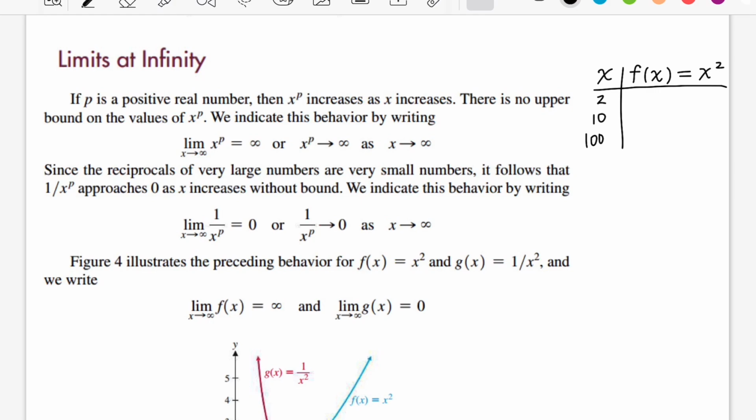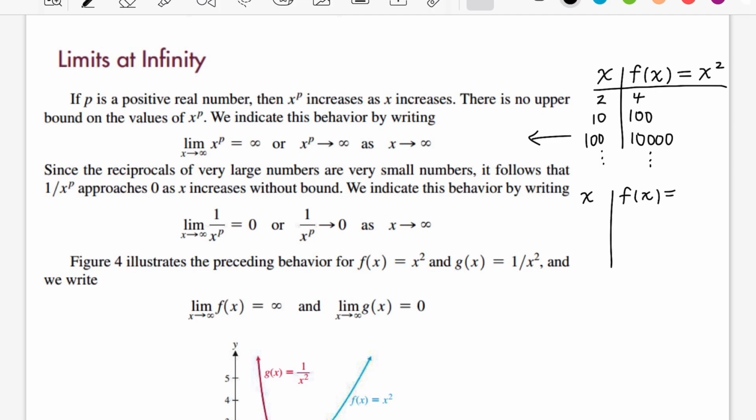We would get 2 squared, which is 4, 10 squared, which is 100, and 100 squared, which is 10,000. And if we were to repeat this, we see that our output's just getting bigger and bigger. And so that's what this is saying here. And then looking at the reciprocal, let's do the same thing.